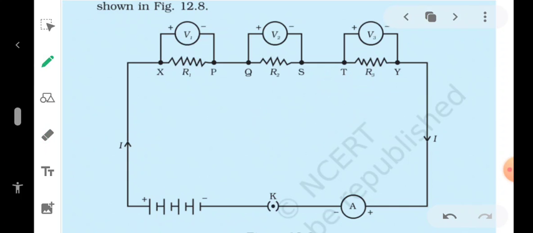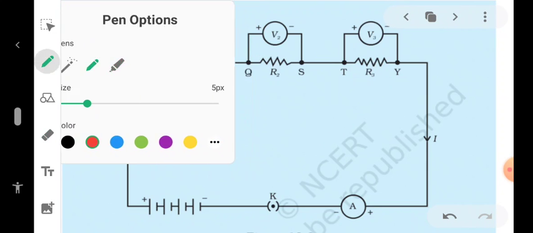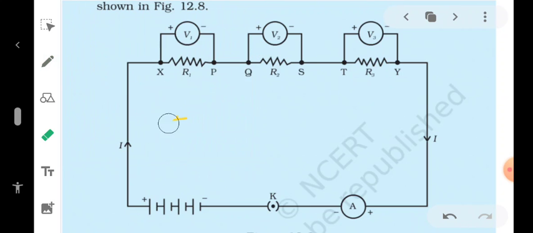Okay, now let us analyze the current value. What is the current through resistor 1? That is I. Here the I current is coming like this. At point X, there is an interconnection. There is a voltmeter connected in parallel with V1.